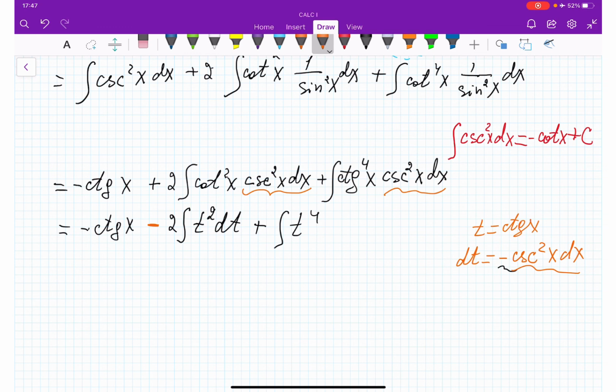It goes to subtraction instead of addition because of this negative sign; we need to adjust it. So we get dt.